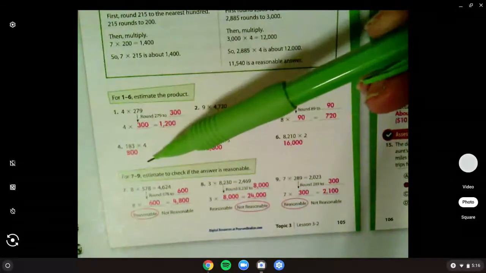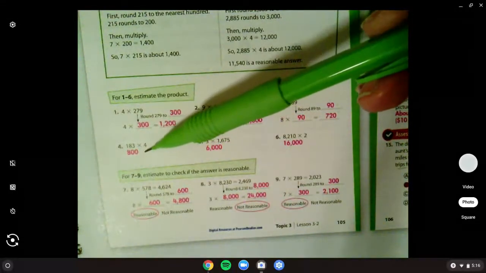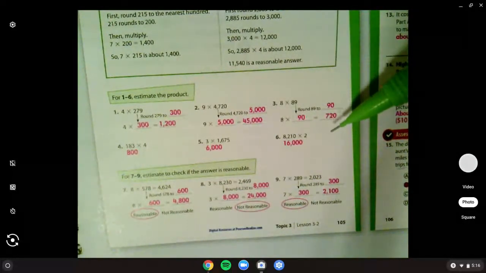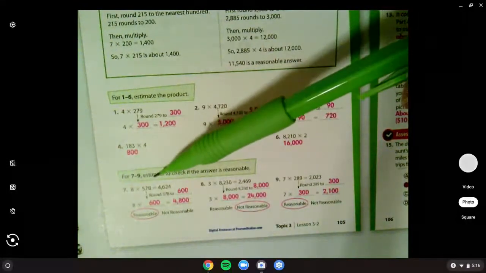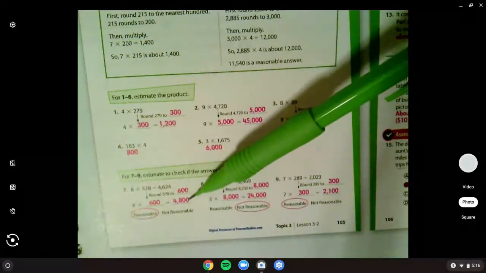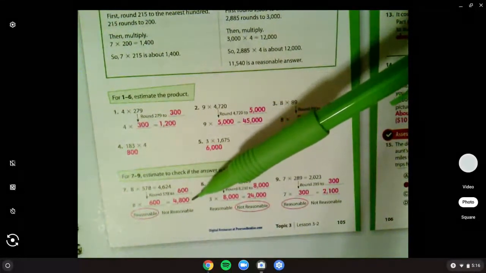Number 4 should be an estimated product of 800. Number 5, an estimated product of 6,000. Number 6, an estimated product of 16,000. Number 7 wanted you to round to 600, and then you should find an estimated product of 4,800.